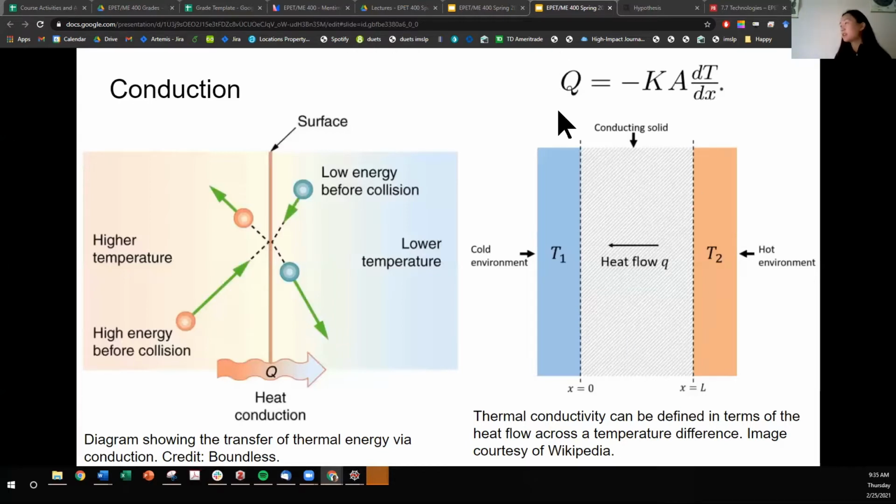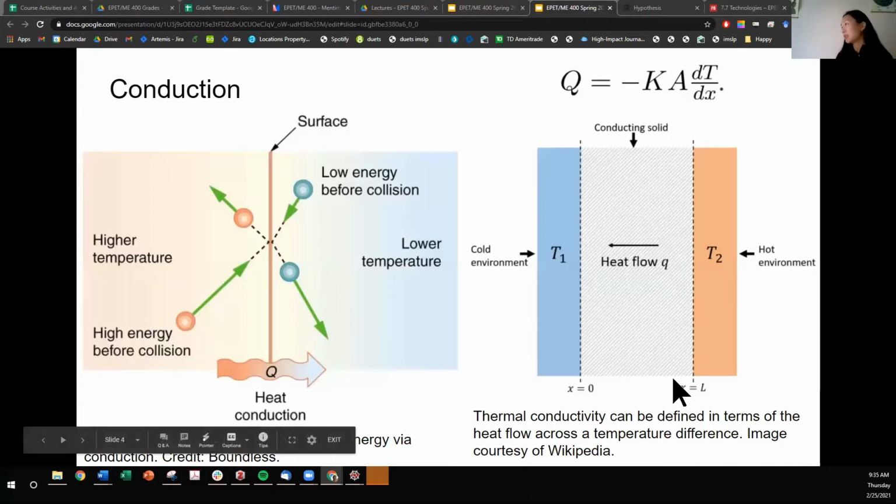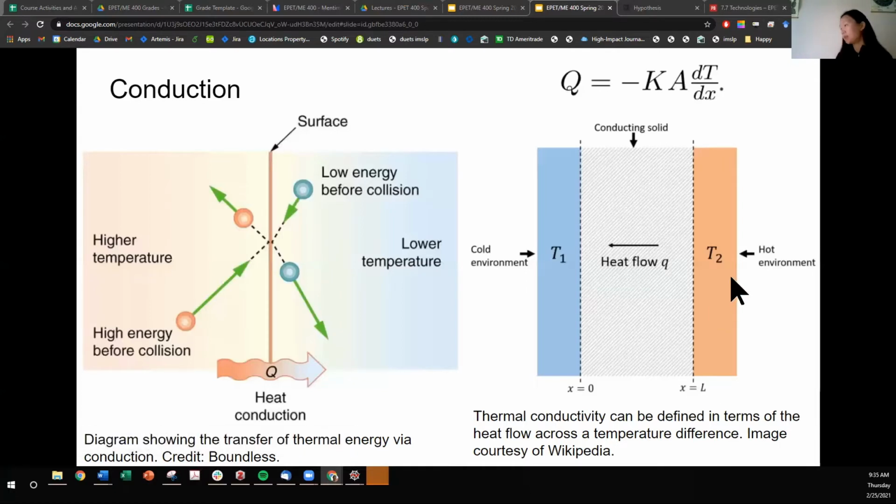The governing equation is up here. The amount of heat transfer Q is proportional to the thermal conductivity K, the area A, and the thermal gradient dT over dx, where dx is that difference in length, and dT is that difference in temperature.